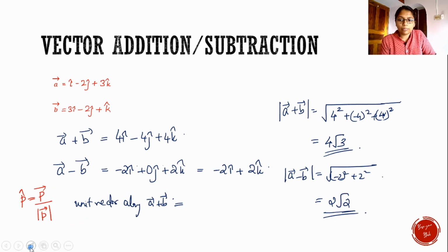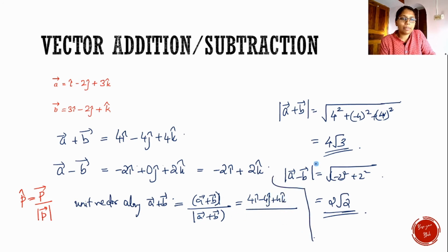So here also, the unit vector along a plus b is the vector a plus b divided by the magnitude of a plus b. a plus b is 4i minus 4j plus 4k, and the magnitude of a plus b is 4 root 3. So when I divide individually, I get i cap by root 3 minus j cap by root 3 plus k cap by root 3. So this is your unit vector along a plus b.